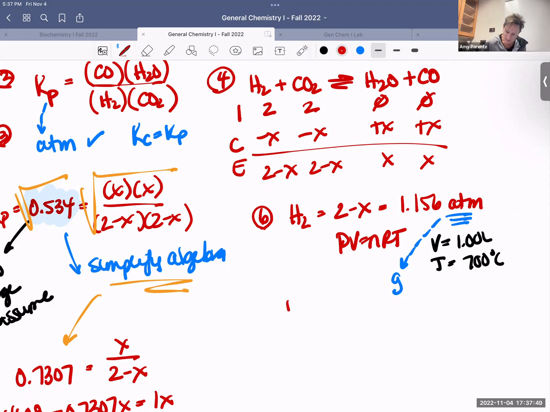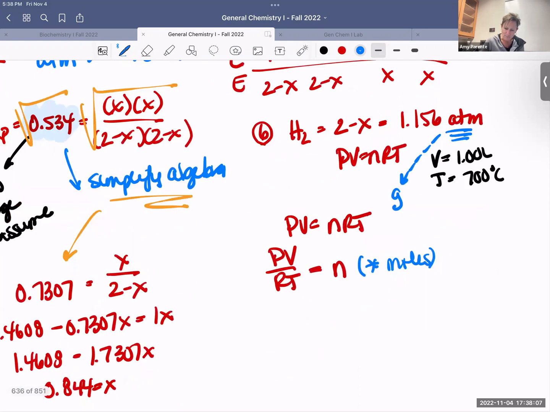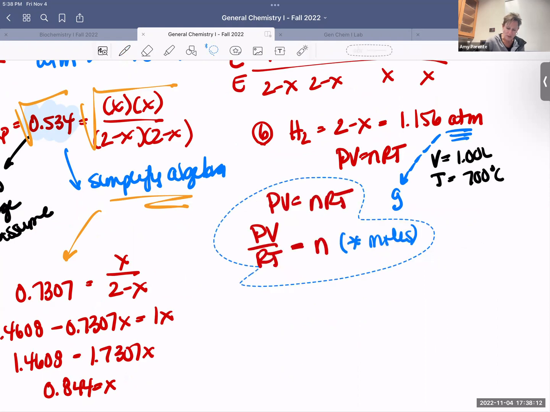So PV equals nRT, yes, is again our magic equation. So again, if we're solving for quantity, PV over RT is going to be equal to n, but we have to remember that that's going to have units of moles. And as long as we keep our units with things as we're going through our equation here, we're going to be able to see that.